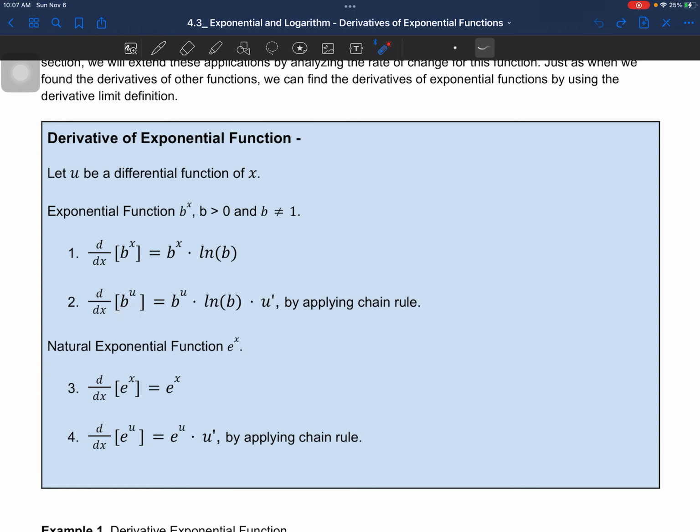I mean, it's an exponent, but it's the inside part of the function, and we're going to consider b the outside. So what I'm guiding you toward is applying the chain rule, when we have inside versus outside. When we take the derivative of a function that has an inside and an outside, we have to do the chain rule.